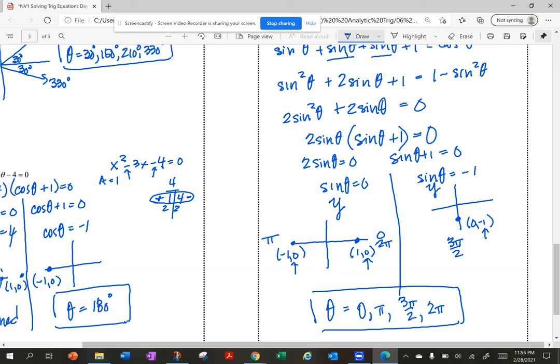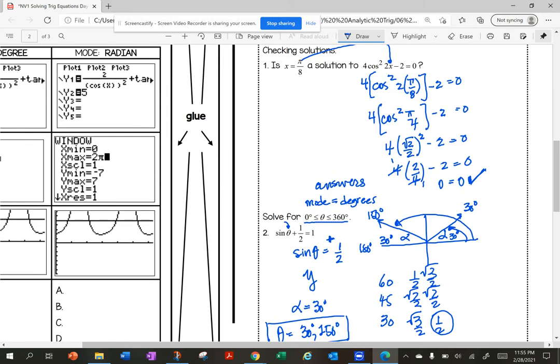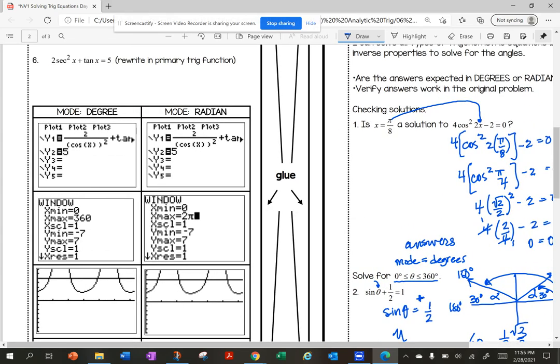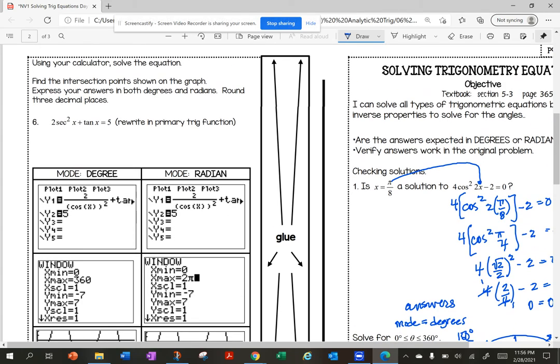So this is just reviewing everything from my unit circle that I know. I can also solve problems with my calculator, by finding the intersection of a point on the graph. Express your answers in both degrees and radians.